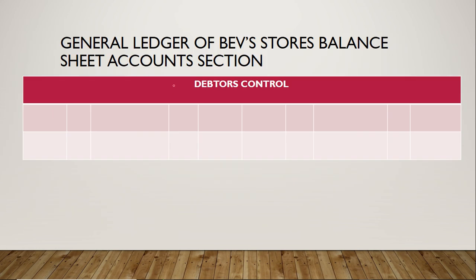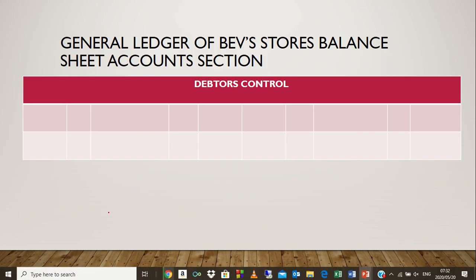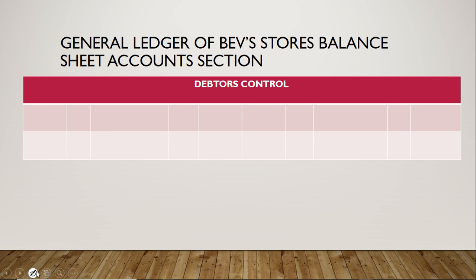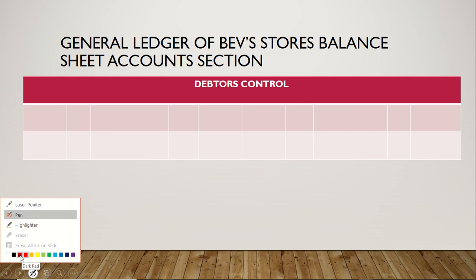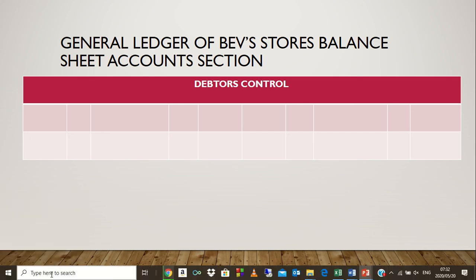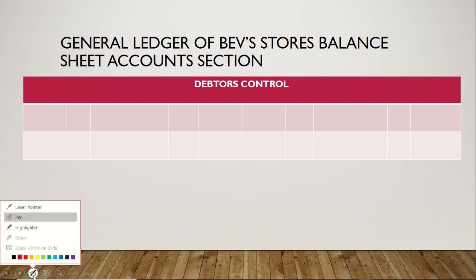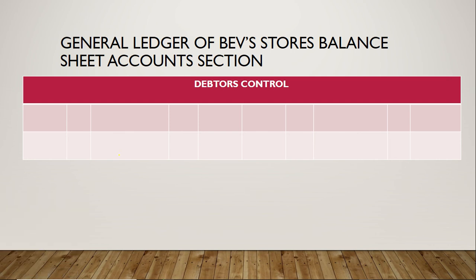Debtors control. DLE will owe us, meaning that our total debtors amount that is owed to us will also increase by the interest we charged DLE. So I'm just going to write 20.2 May sundry accounts, general journal.